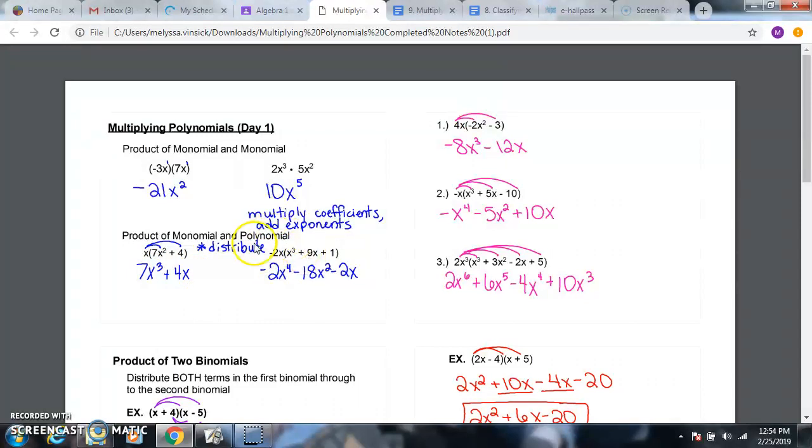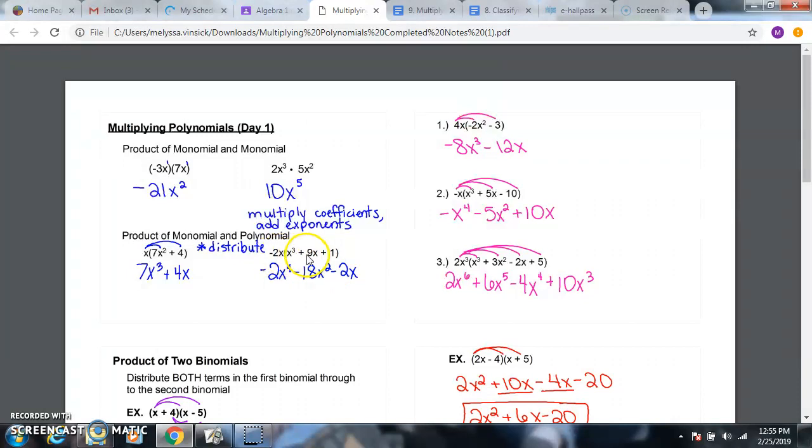In the second example, we have -2x times a trinomial of x to the third plus 9x plus 1. Same idea: you're distributing this -2x to each one of these terms. -2x times x to the third power is -2x to the fourth. -2x times 9x is -18x squared.